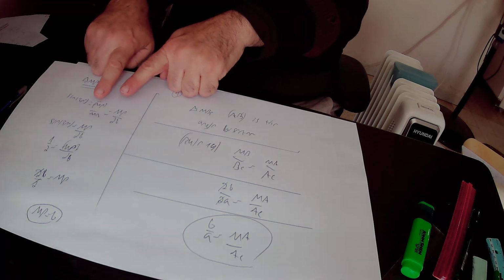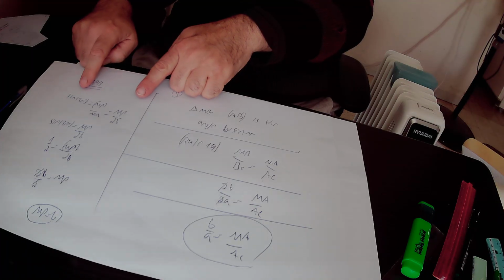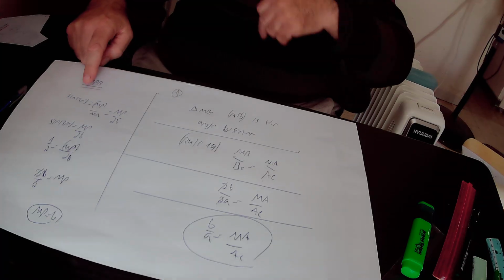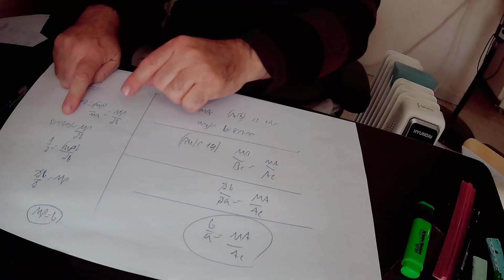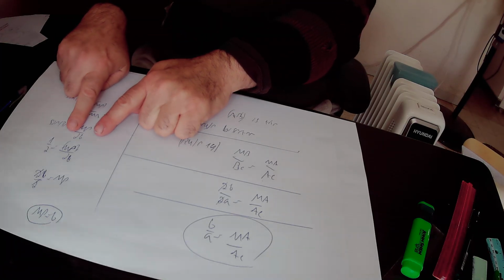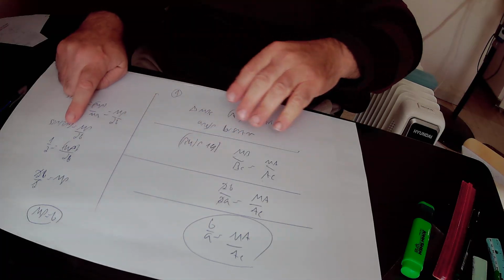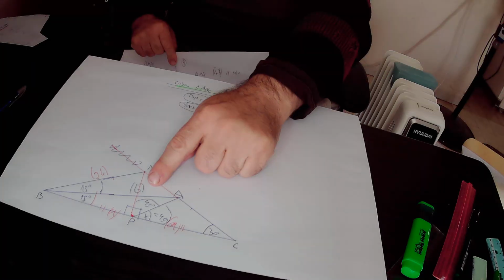MB is 2b, so we substitute MB by 2b, and find that sine of 30 degrees equals MP over 2b. Sine of 30 degrees is 1/2, so 1/2 equals MP over 2b. If we multiply this equation by 2b, we find that MP equals 2b over 2, that is b. MP equals b units in length.